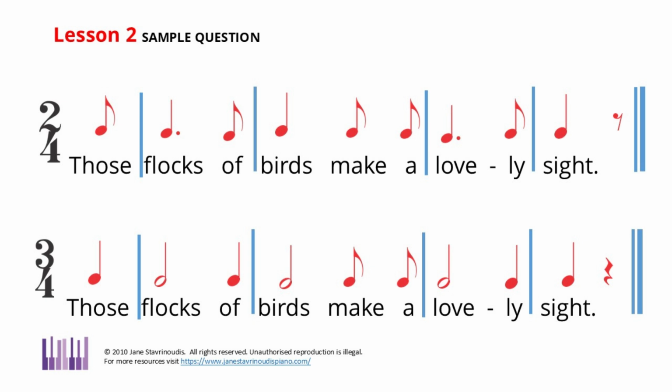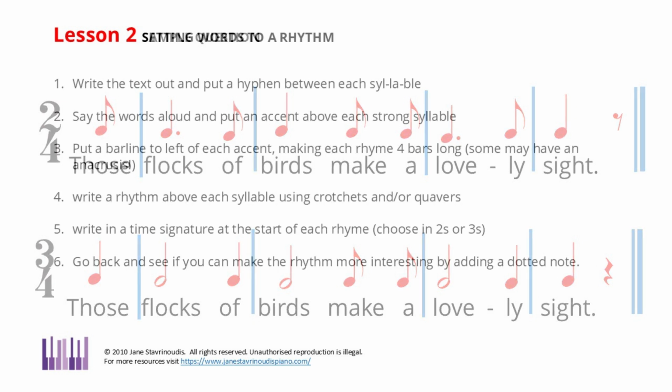The 2-4 answer sounds like this. 1, 2, 1, 2. Those flocks of birds make a lovely sight. The 3-4 answer sounds like this. 1, 2, 3, 1, 2. Those flocks of birds make a lovely sight.